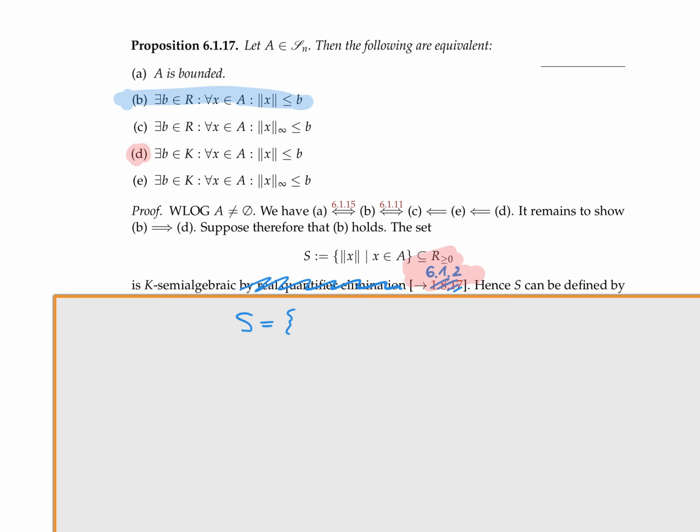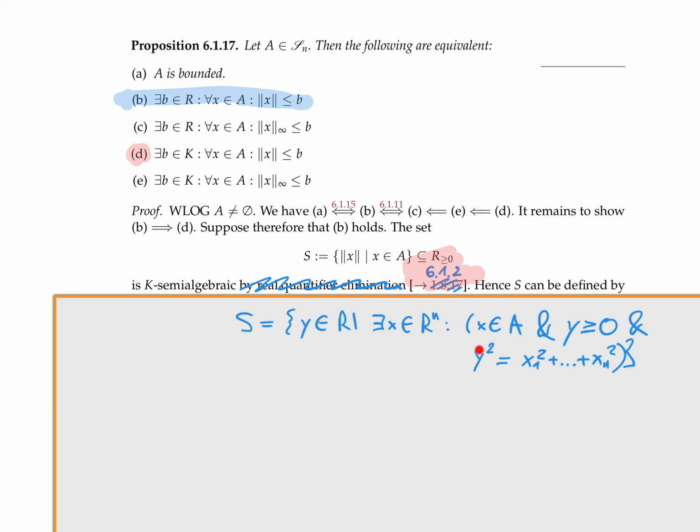Okay, so why? Because you could say this: you take the set of all y in R such that there exists an x in R^n such that x lies in A, and y is non-negative, and y squared is the sum of the x_i squared.